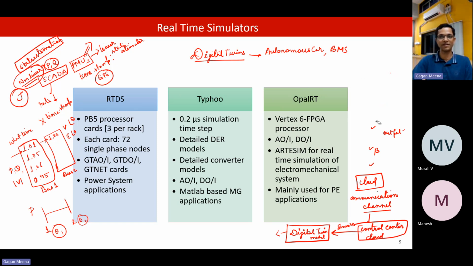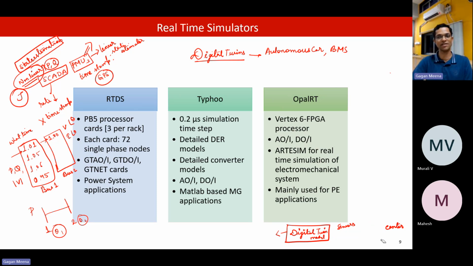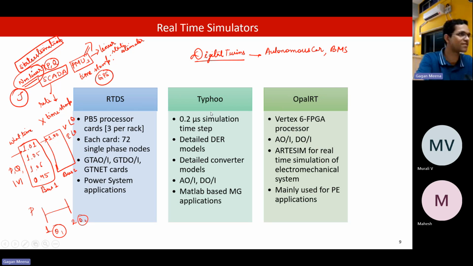Then, yeah, we were discussing this digital real-time simulator. These are very important. Suppose we want to test a new piece of hardware. We cannot directly go and connect it to the power system, especially if we want to test something at a very high voltage level in the transmission system.